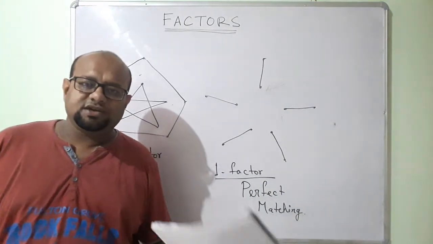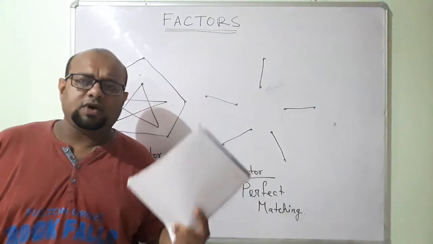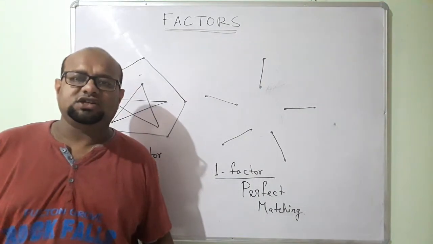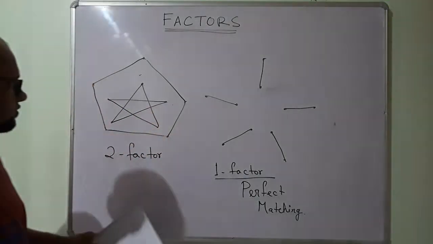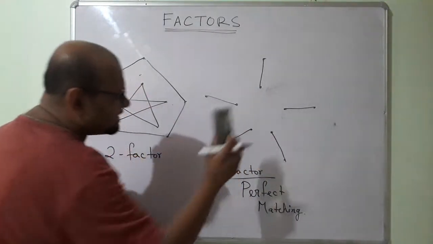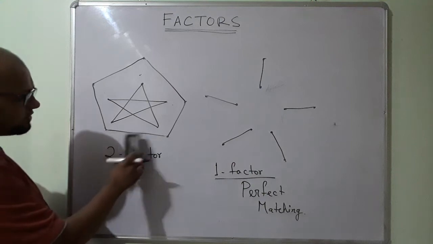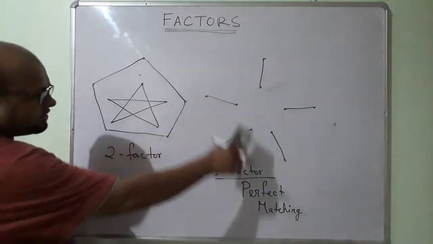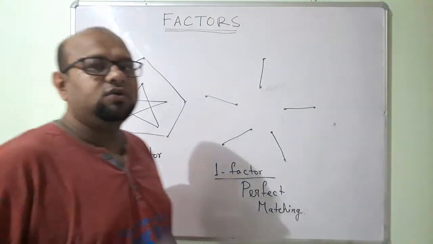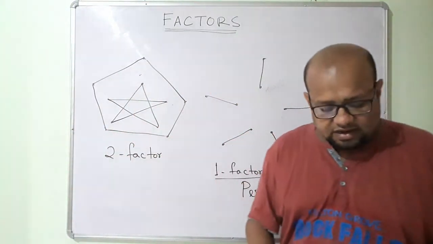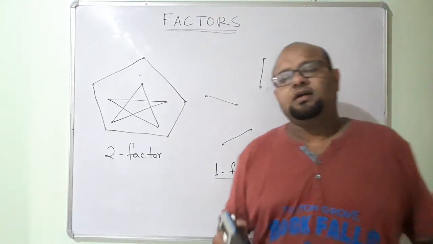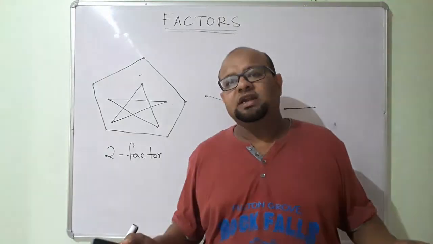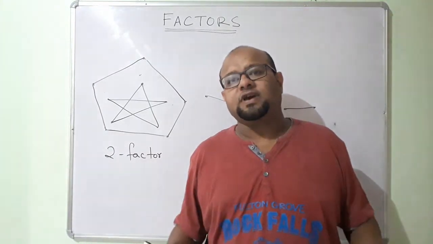Is this a k factorization? Think about it. If we take the union of this and this, where this is my subgraph 1 and this is my subgraph 2, this 1 factor and 2 factor, I will get back the original graph. But the k factorization definition says that it should be made up of different k factors.